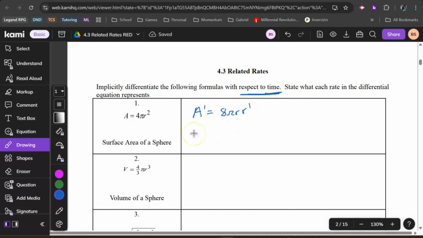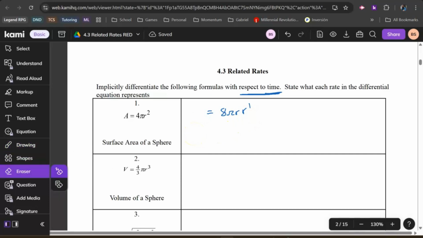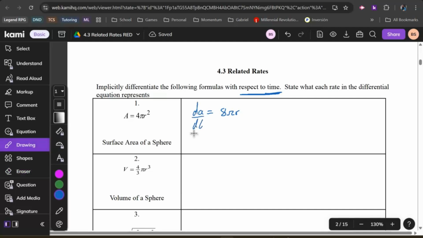Now, another way that we can write it to help us kind of remember, and you don't have to change it, but we can write dA/dt and use this notation. And it just kind of reminds us, right, we're doing this with respect to time, that's why I have to write it.